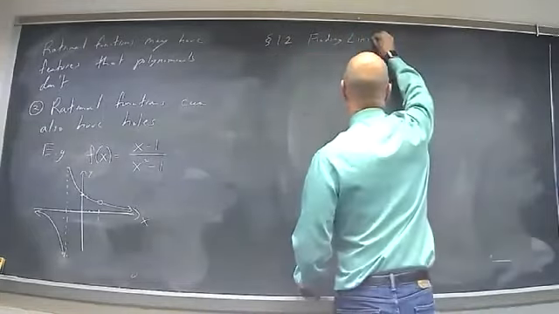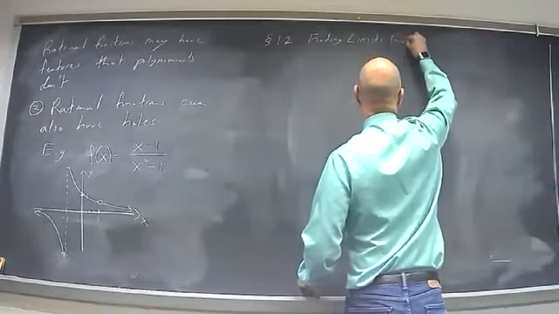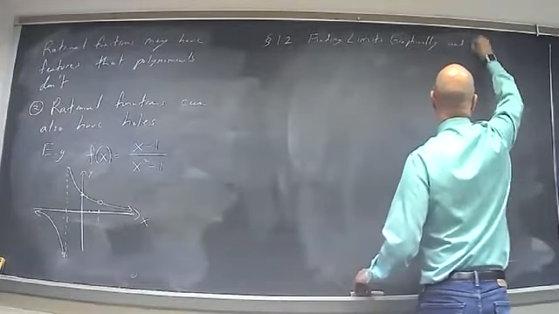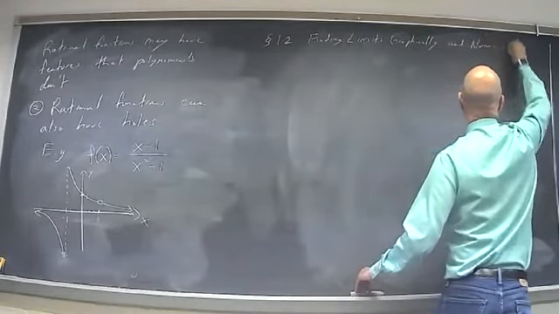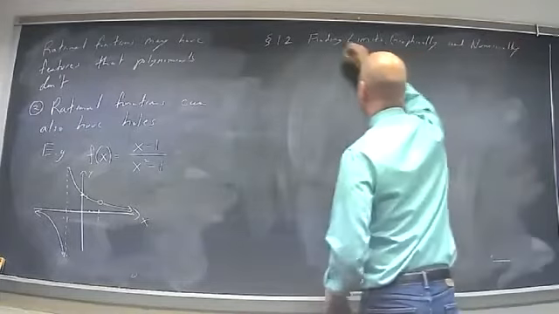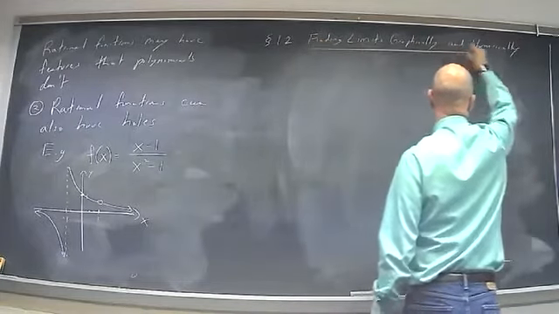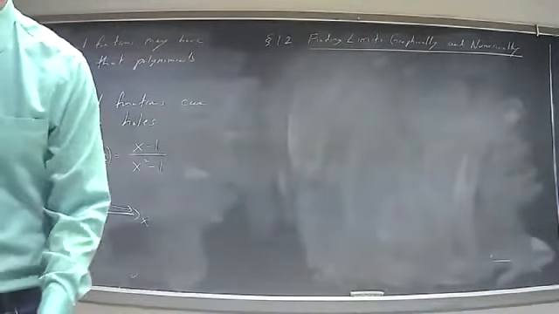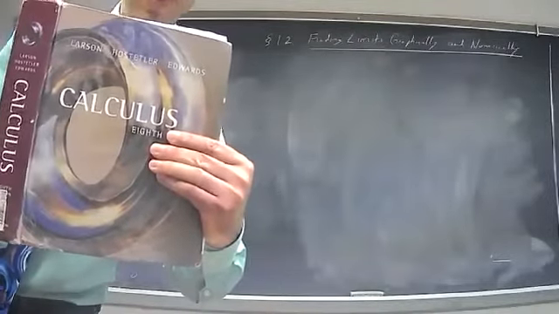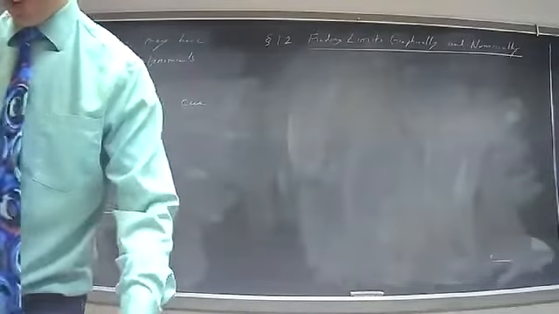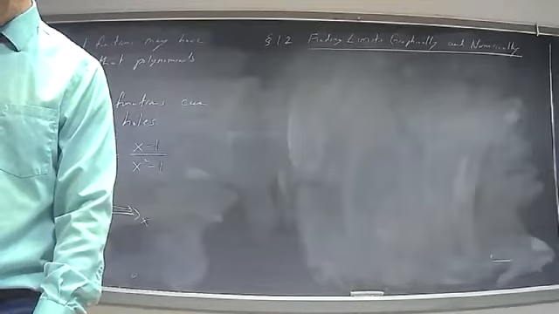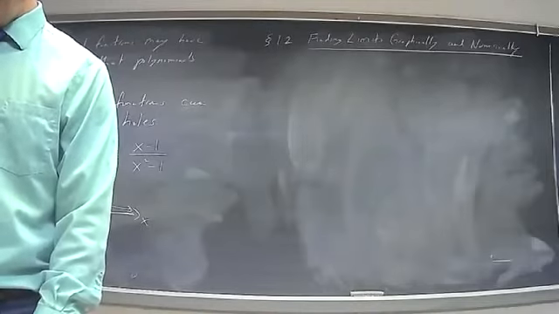Finding limits graphically and numerically. Again, we're using an old version of the textbook. The subject hasn't really changed since this version came out. The new version is several $100s, and you should be able to pick up this old version for probably less than 20.